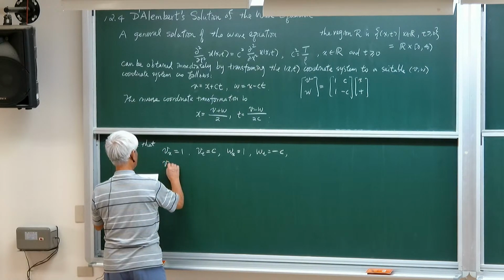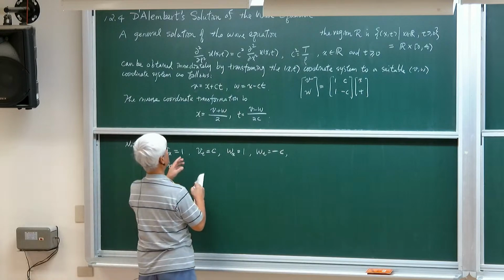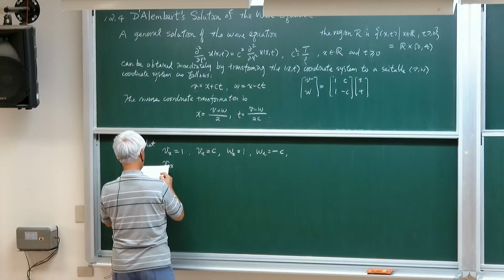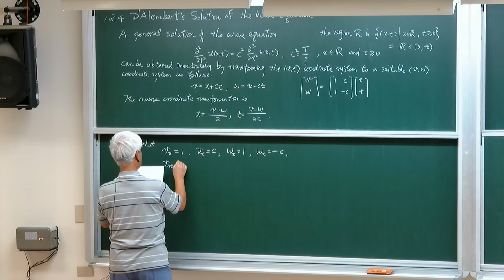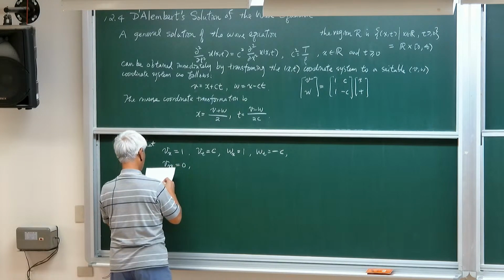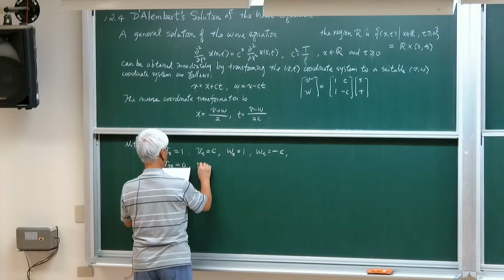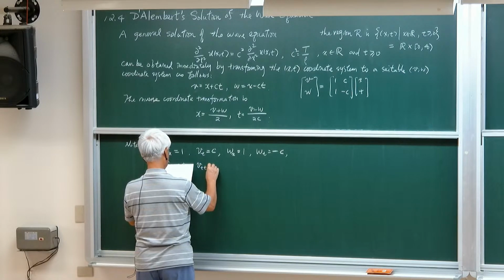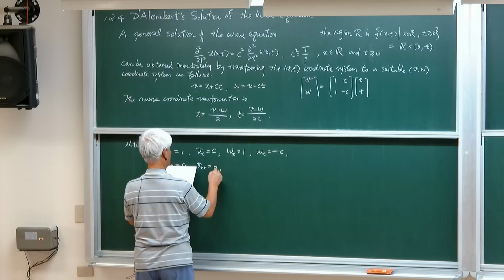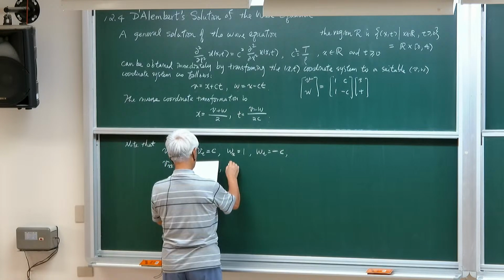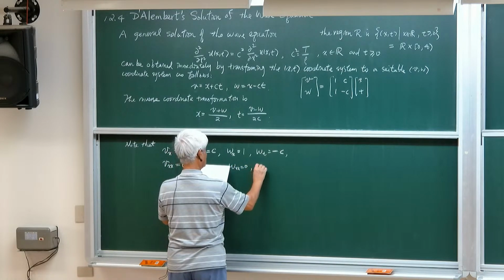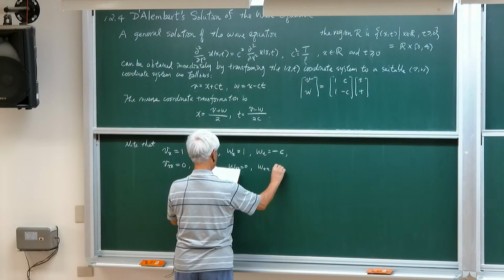Okay, this is about the first order partial derivatives. And how about the second order, because we will use that. So the second order, v sub xx is 0, and vtt is equal to 0, and wxx is equal to 0, wtt is equal to 0.